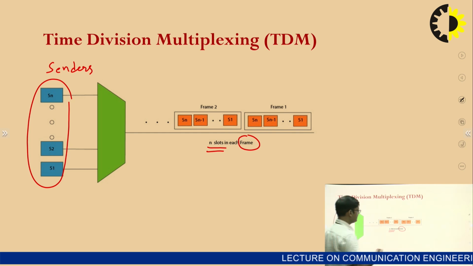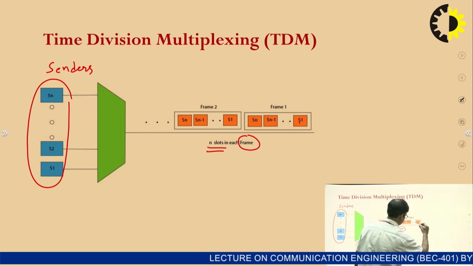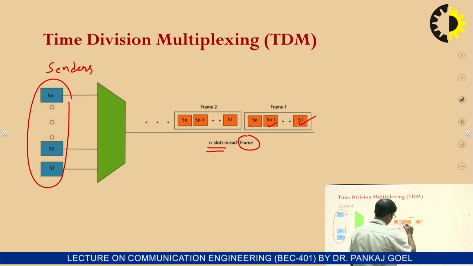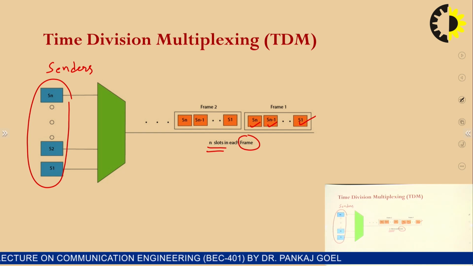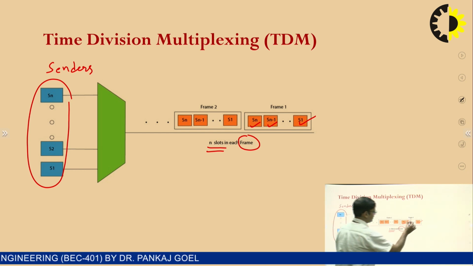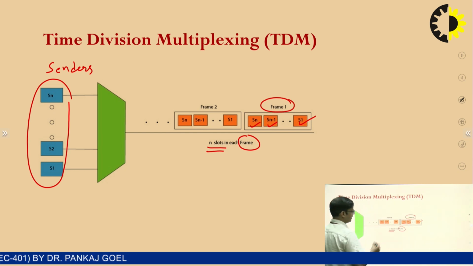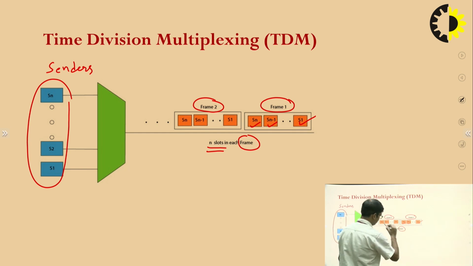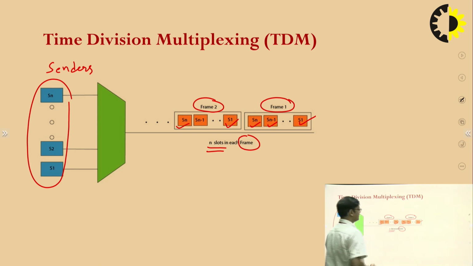So here we can see this is the data from the first sender up to the last sender, Sn. Then after frame 1 is transmitted, the second frame is formed, in which again first we will take the data from sender S1 up to sender Sn. This is our mux.